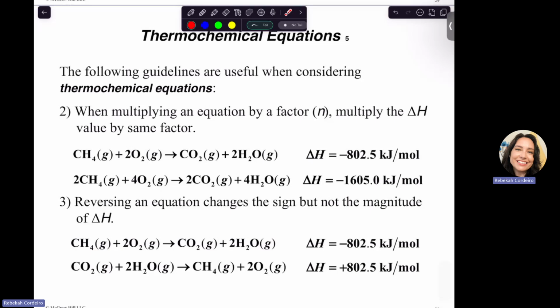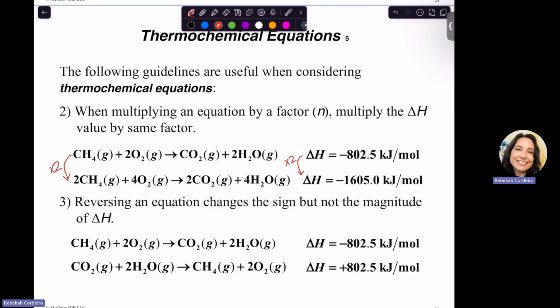So we're talking about thermochemical equations, and we'll do more with this later. But let's say we need for some reason to multiply an equation by a factor; we'll talk about the reasons why later. We have to multiply the enthalpy by that same factor. So if I multiply this equation by 2, I also multiply the change in enthalpy by 2.